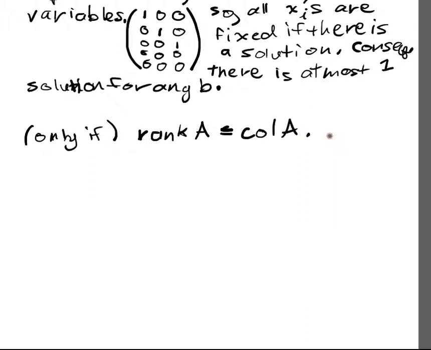Right? So let's suppose that we augment. Suppose that B, the thing that we augment with, is just a bunch of zeros.